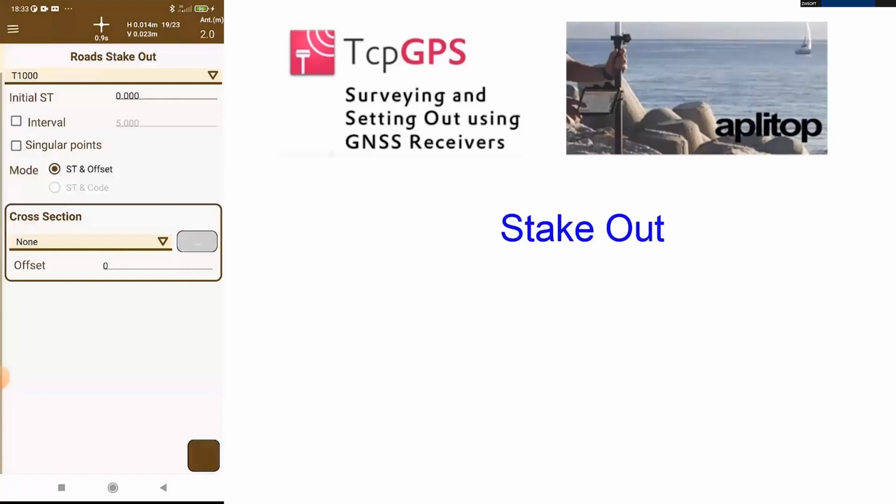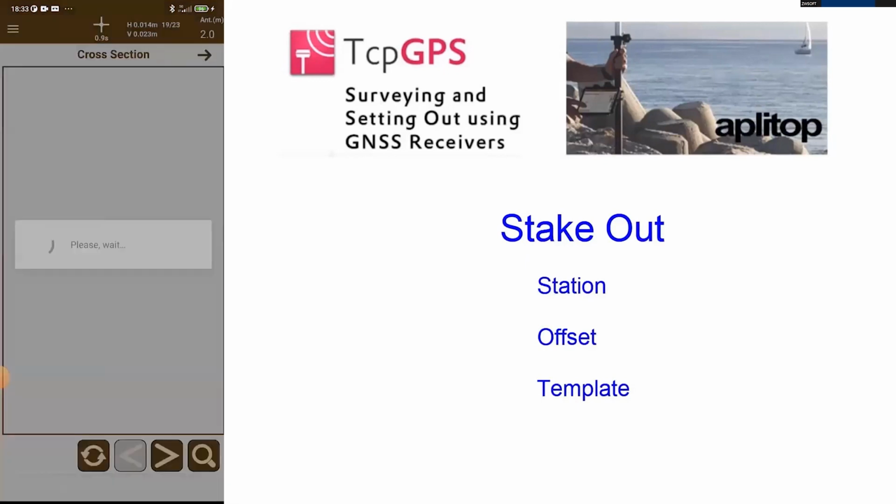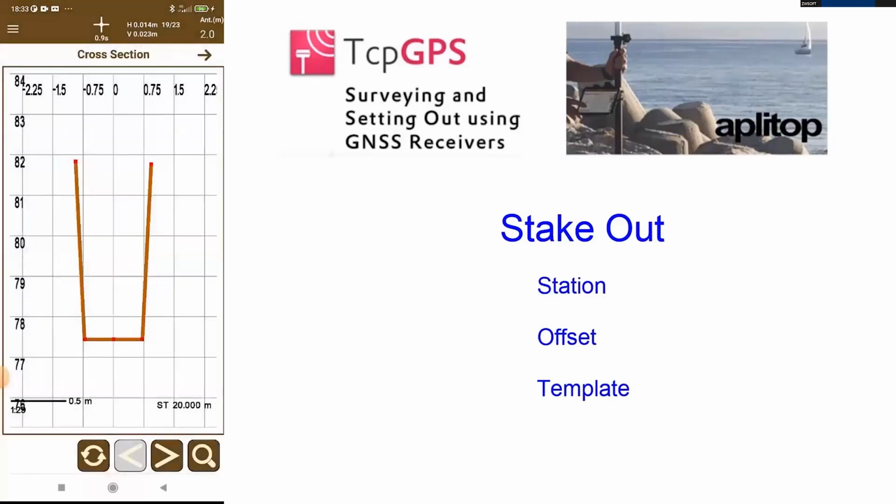When we are in stake out, we select the station that we are going to stake out, and we choose again the cross section and the offset by subgrade selection, the right side. If we select graphically the code, in this case, we are going to use the bottom of the trench.